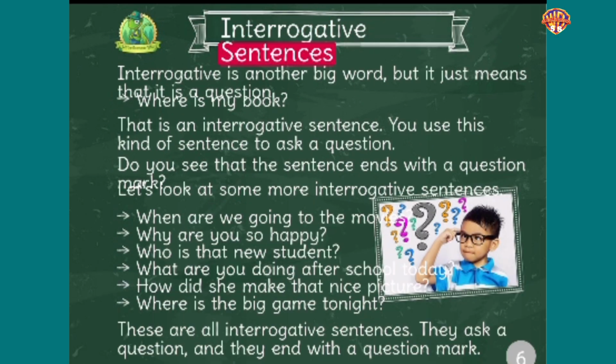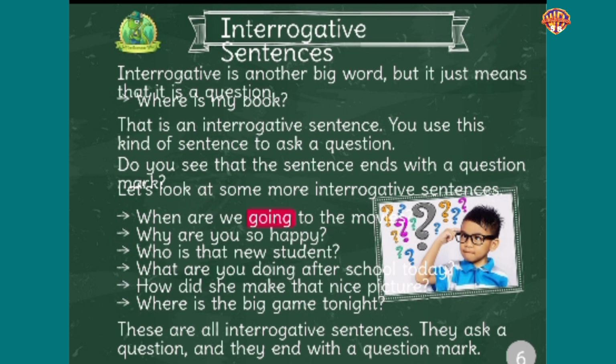Interrogative sentences. Interrogative is another big word, but it just means that it is a question. Where is my book? That is an interrogative sentence. You use this kind of sentence to ask a question. Do you see that the sentence ends with a question mark? Let's look at some more interrogative sentences.